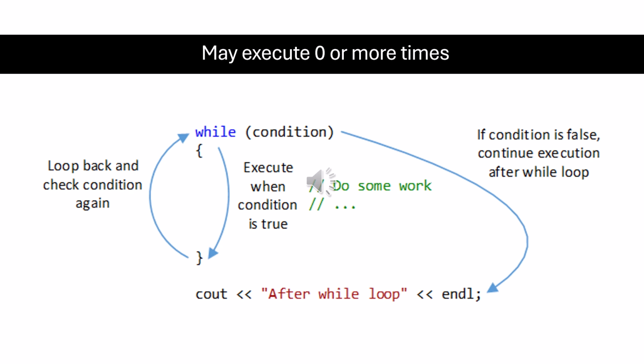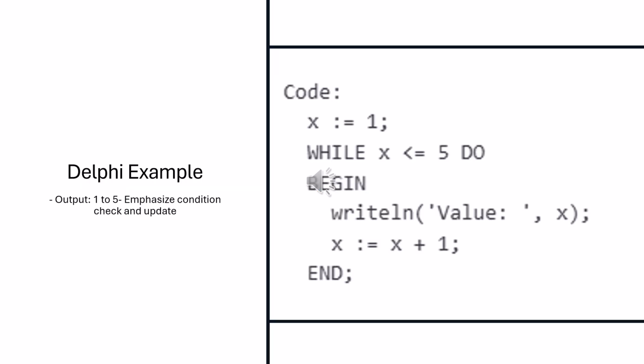This is a Delphi example whose output is 1 to 5, and it emphasizes condition check and update. This is the code. We say var, then you can write x or you can write I loop.